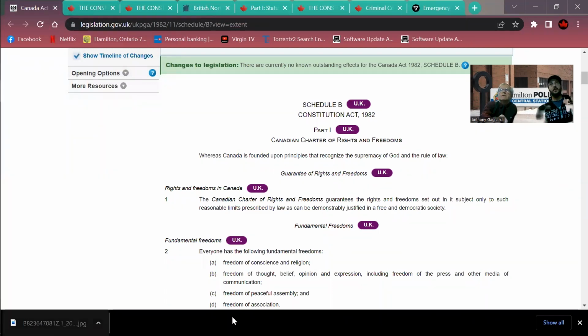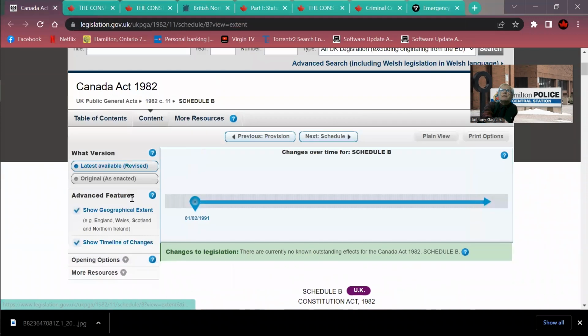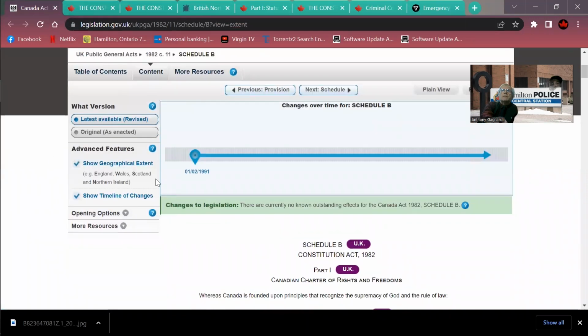Sure. What we have here over on the left, where my mouse is, where it shows show geographical extent under advanced features. So this is Schedule B of the Constitution Act 1982, a UK act in the UK Parliament. And over here it says show geographic extent.